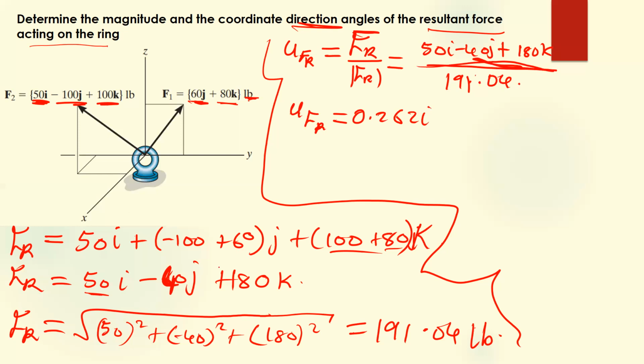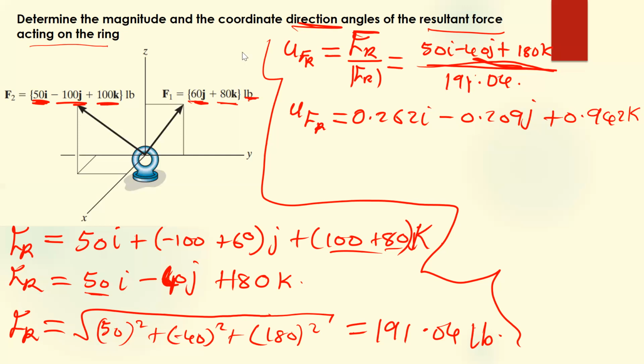I'm getting negative 0.209J. And then we divide 180 by 191.04. So we're getting plus 0.942K there.